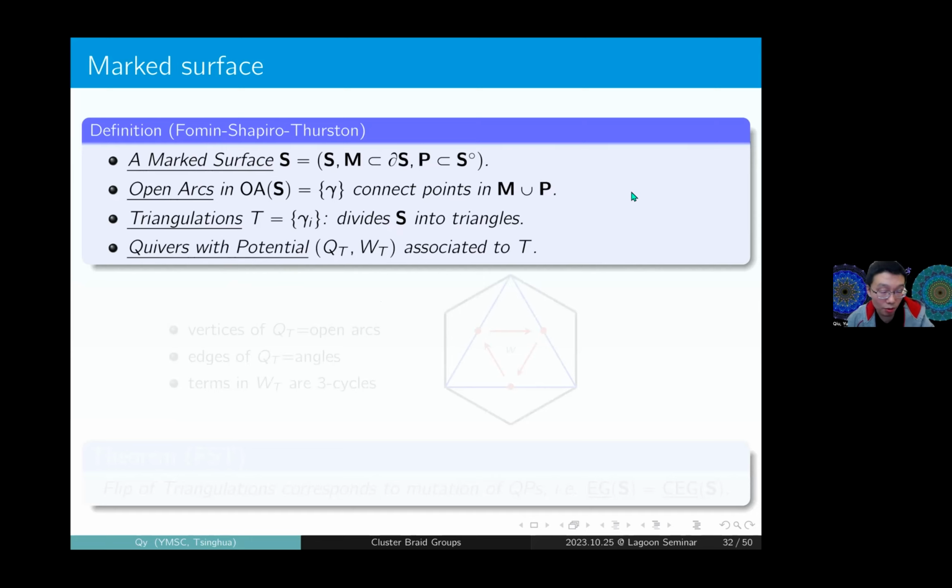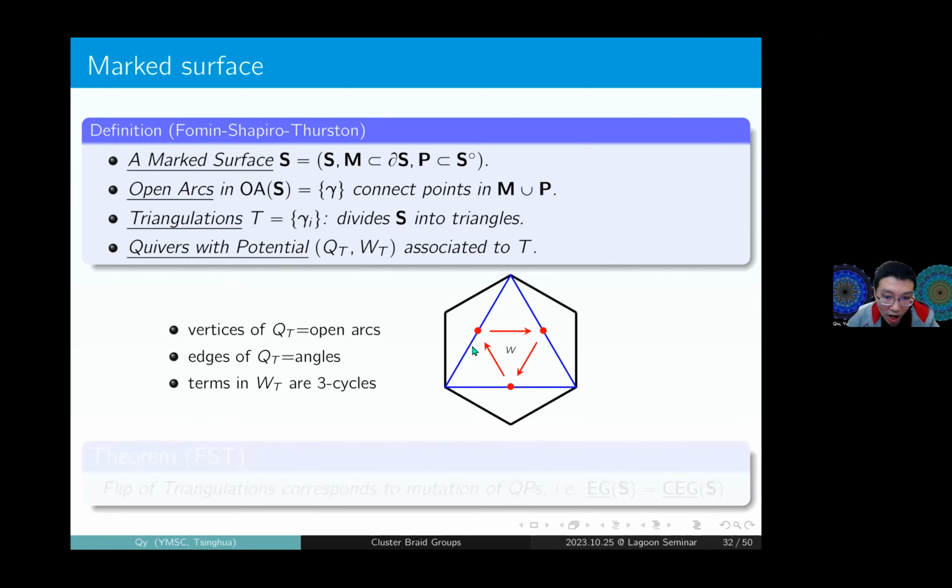And for each triangulation, you can associate a quiver with potential by the work of Labardini. It's very easy: each arc corresponds to a vertex, and each angle in a triangle corresponds to an arrow. And the potential is just the sum of the three-cycles in the unpunctured case. In the punctured case, you also have another term, but that's very technical.